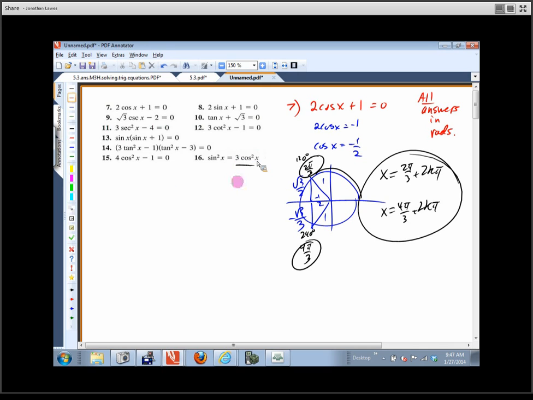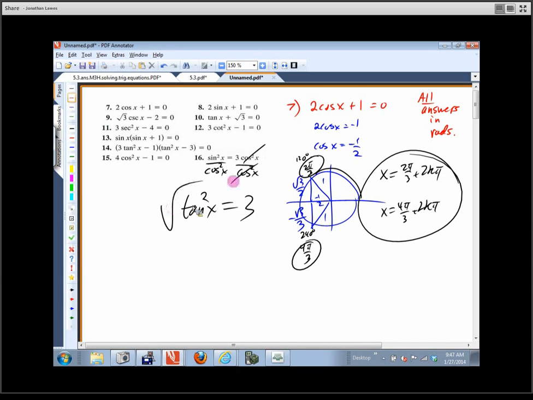Remember I said you should be a little bit careful dividing by trig functions because you don't want them to cancel away. It does cancel from this side, leaving a 3, but does it completely cancel from this side? Nope. But what is sine squared x over cosine squared x? Tangent squared x, which if I take a square root, now you've got to be a little bit careful here.